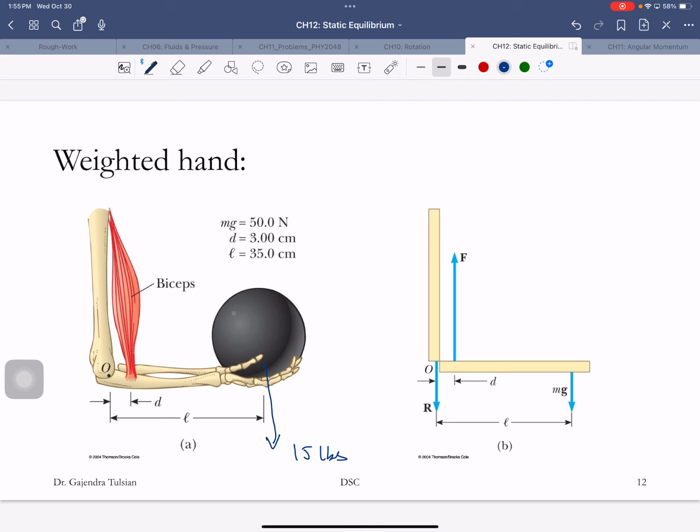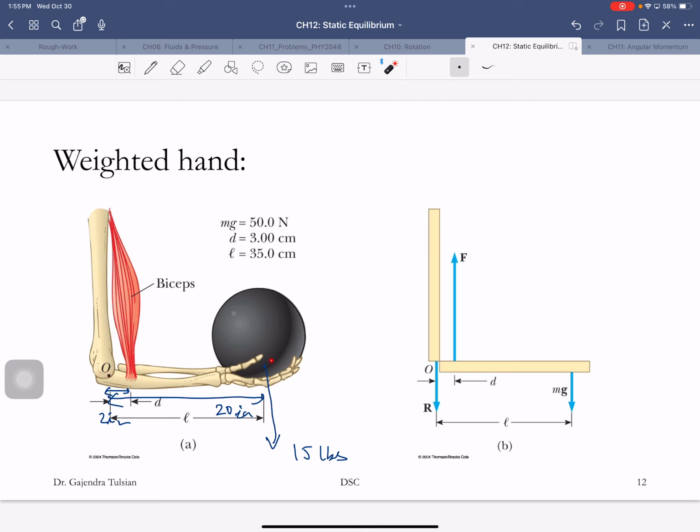Let's say this distance is roughly about your arm, which is about 20 inches. And this is about 2 inches. And so we're calculating the torques about this point.